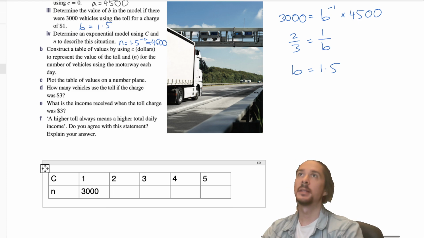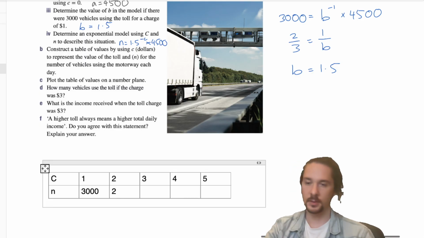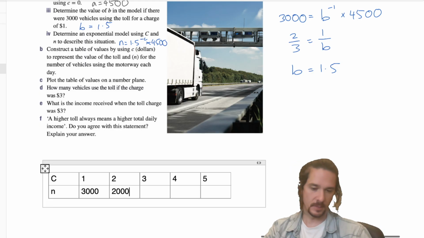So let's see, if C is 2, I'm just grabbing my calculator here. We've got 1.5 to the power of negative 2 times 4,500. So that's 2,000. Let me change that power to be negative 3.